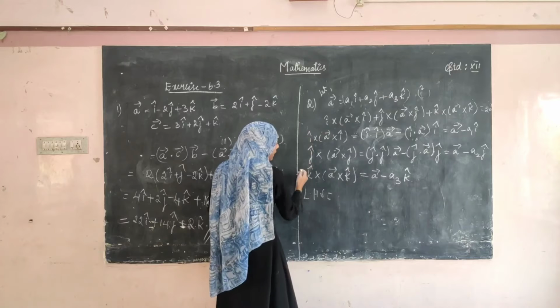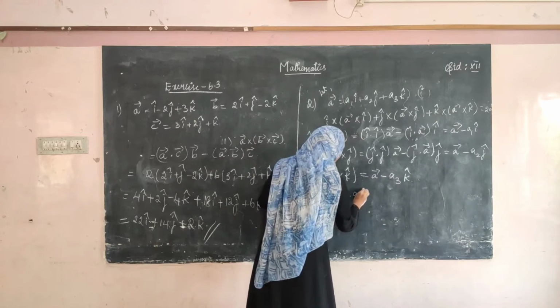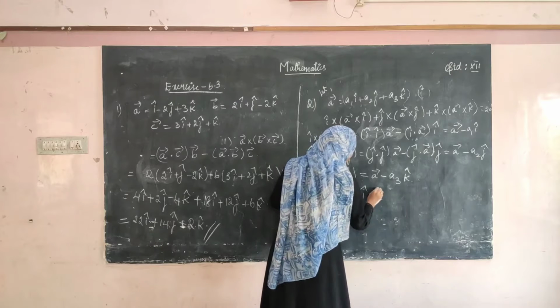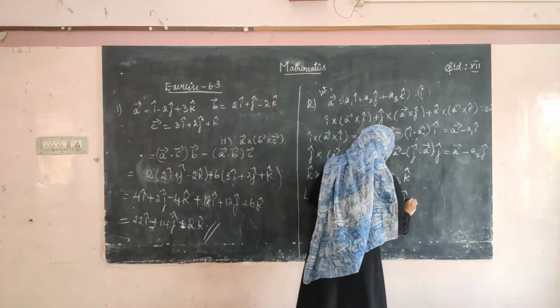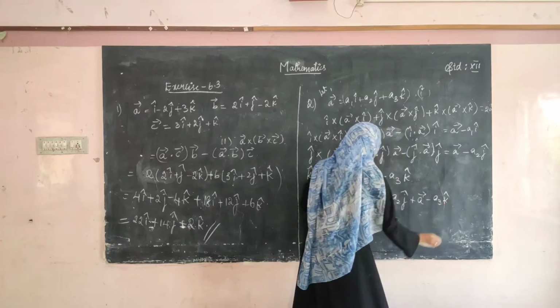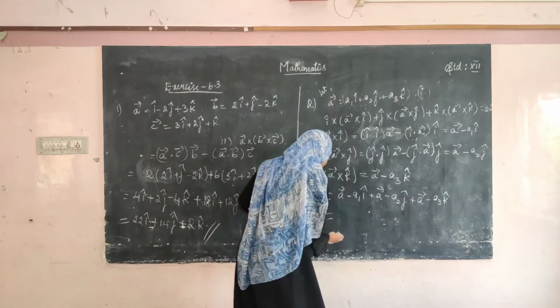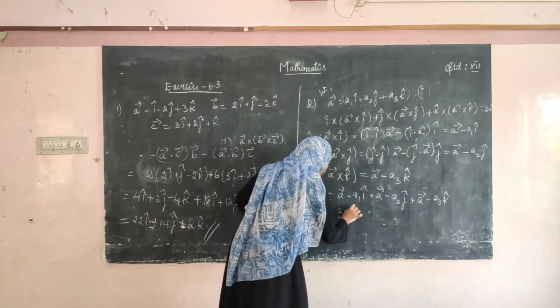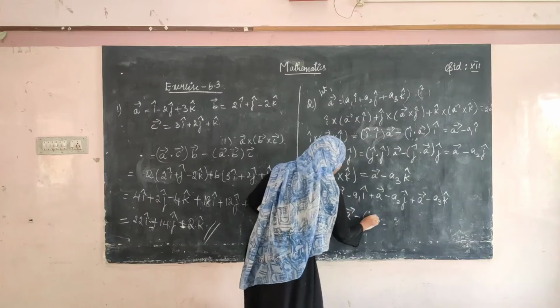Right. So what happened to the left hand side? Adding these three terms, we will be getting A vector minus A1 I cap plus A vector minus A2 J cap plus A vector minus A3 K cap, which is equal to A vector plus A vector plus A vector is 3 into A vector minus, taking minus outside in these three terms, what are the other terms?